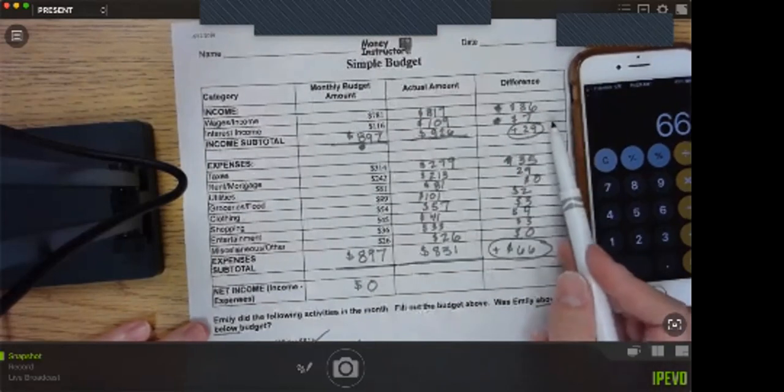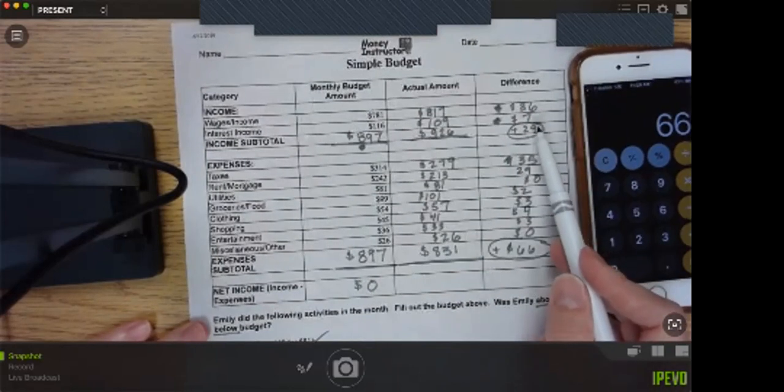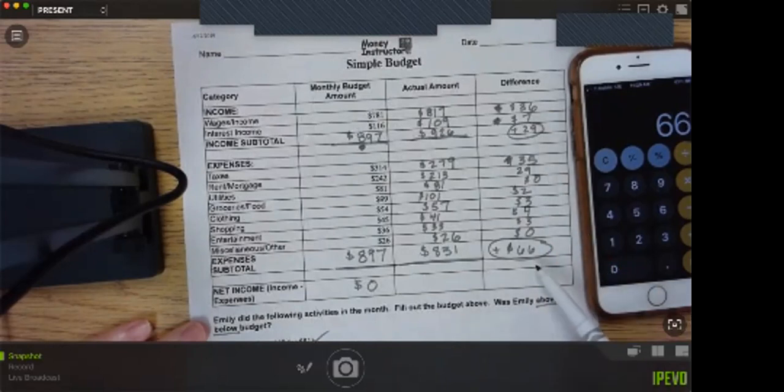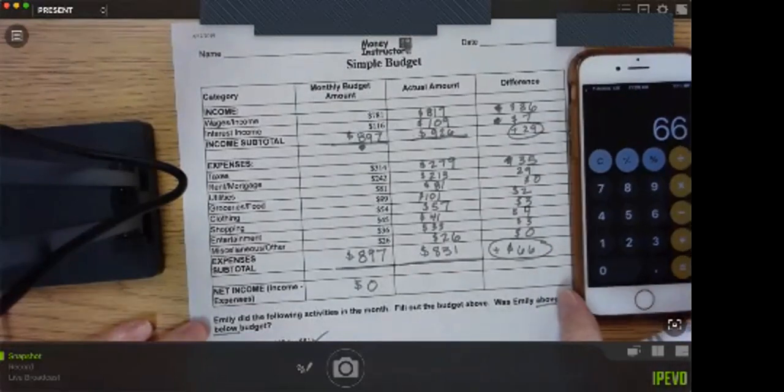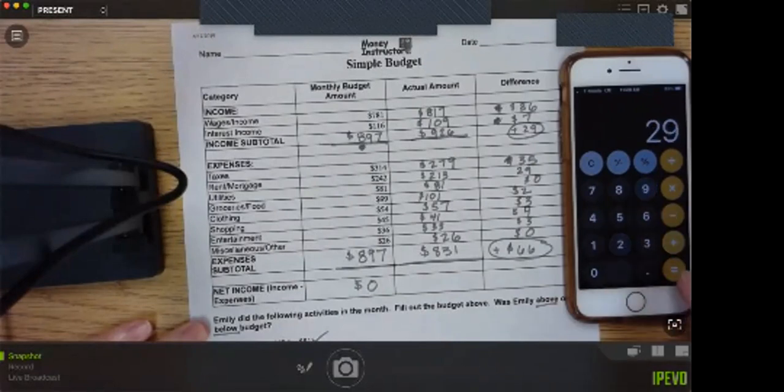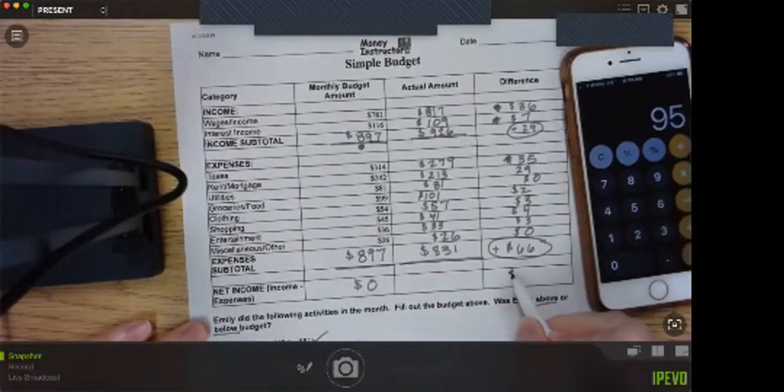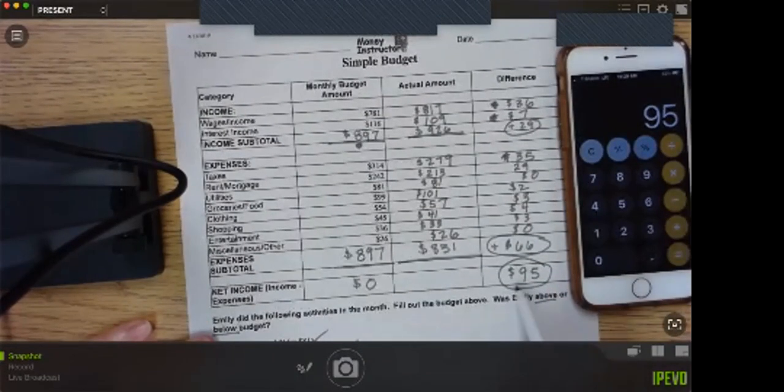So she had $29 from her income extra and her $66 extra. So 66 plus 29. So she ended up with $95 extra this month. And you can see this should be the same probably as this answer right here. Let's see here.